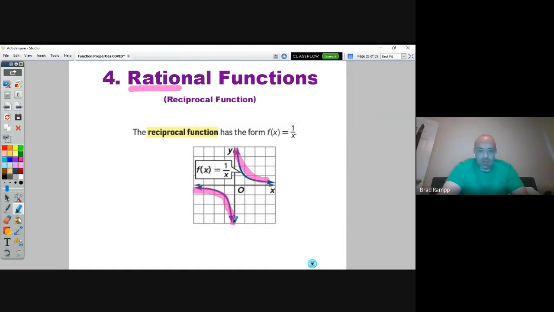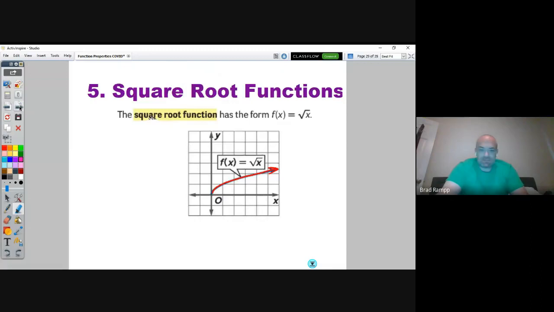They're always going to be broken up by a vertical asymptote at some point, because if you have a variable in your denominator, like rational functions do, there's a risk of you dividing by 0. And you know that you cannot divide by 0, and if you do it, the answer is undefined. It makes no sense. So that's why at x equals 0, this line right here, you see nothing, because 1 divided by 0 makes no sense. So there's no output. You can't graph it. So you can always identify rational functions if there's a variable in the denominator.